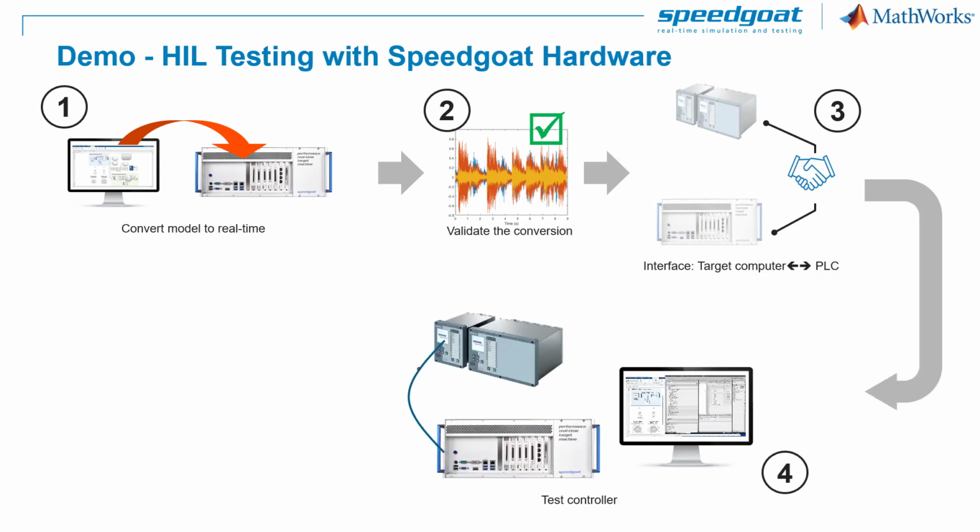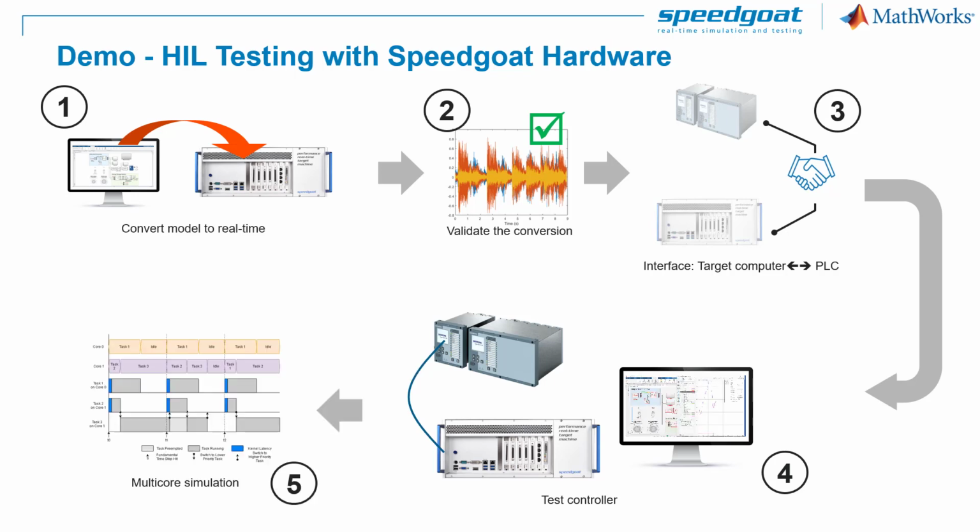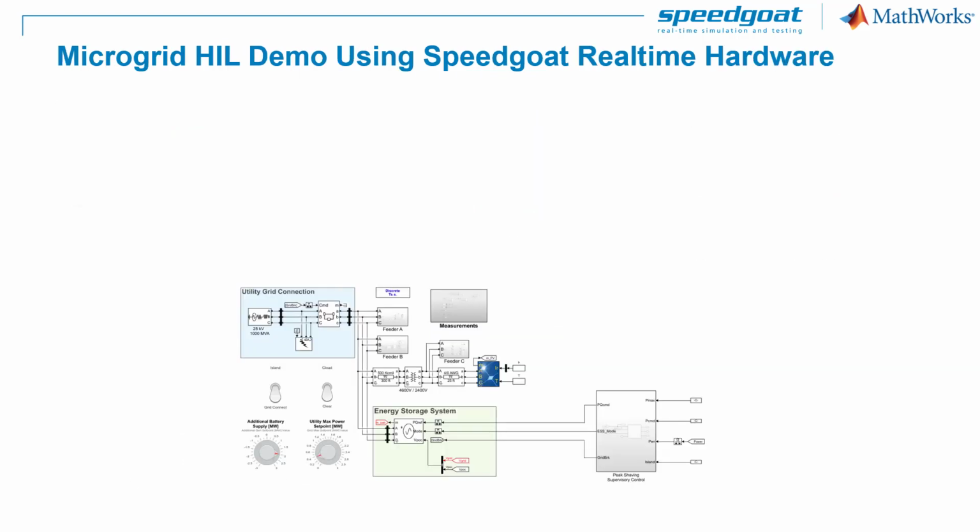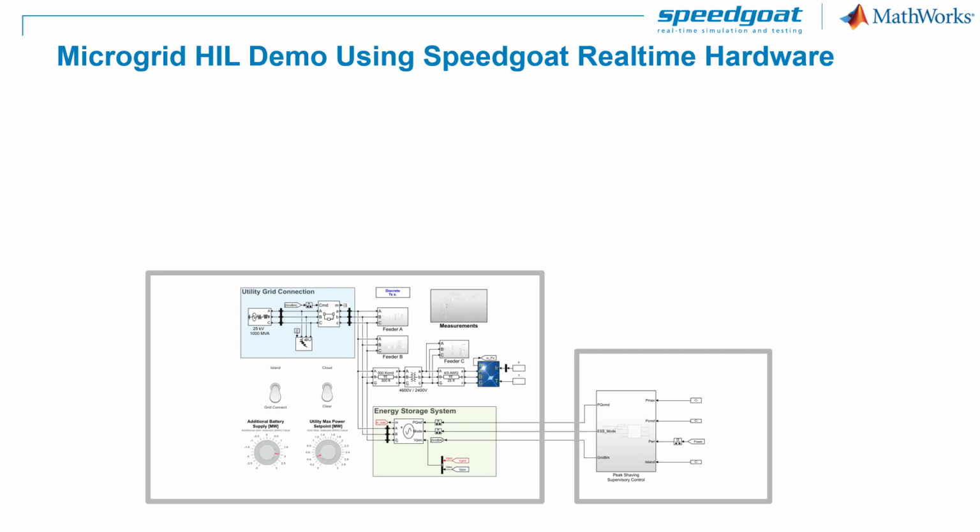After the handshaking or communication is established, then you can go ahead and test your controller. In the end, I also want to show you how to further improve the CPU performance by multi-core simulation for concurrent execution. In this example, I'm going to test a PLC controller for peak shaving control.